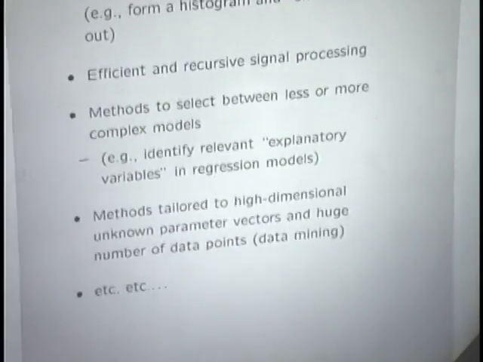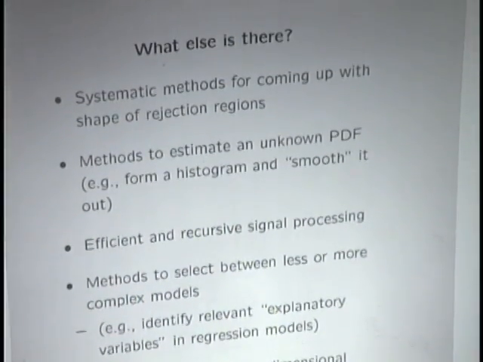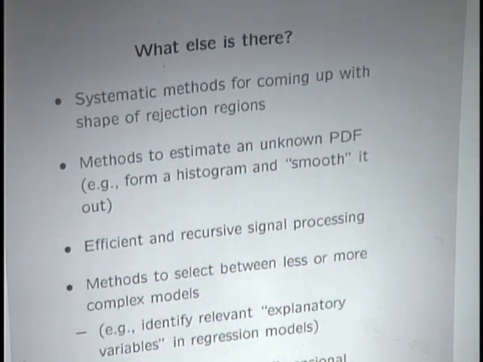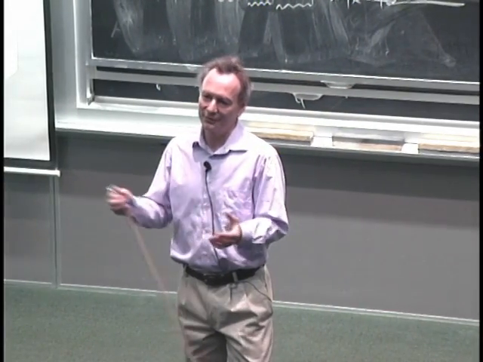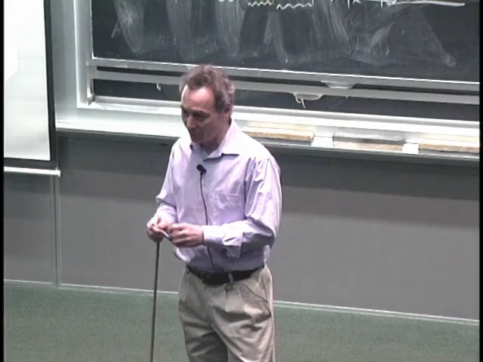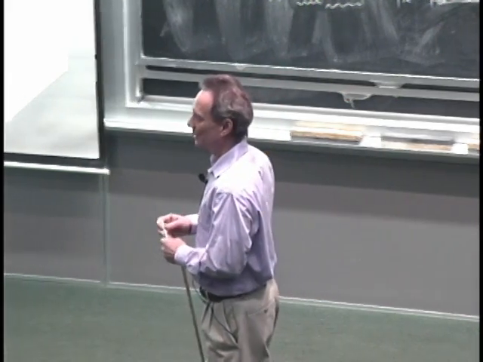Okay, of course that's not the end of the field of statistics. There's a lot more. In some ways, as we kept moving through today's lecture, the way that we constructed those rejection regions was more and more ad hoc. I pulled out of a hat a particular measure of fit between data and the model, and I said, let's just use a test based on this.